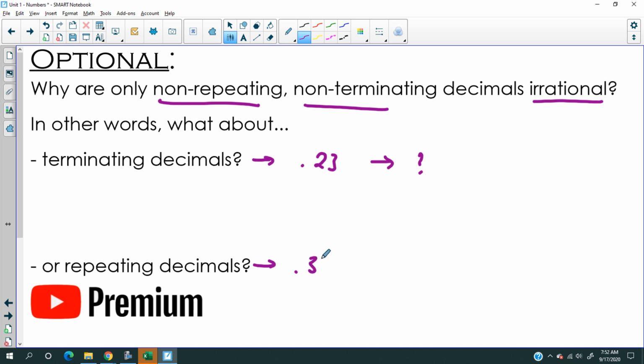So why is 0.111111, so on and so forth, right? Why is that rational? What would the fraction look like, right? Because the definition of rational is to put it in a ratio of fraction, right? So why is it a fraction then? Okay, what would the fraction look like?